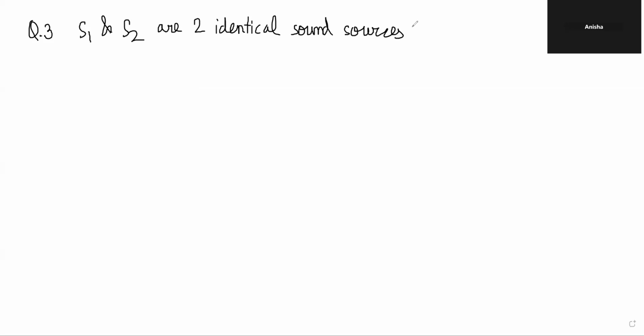Okay. S1 and S2 are two identical sound sources of frequency 656 hertz.